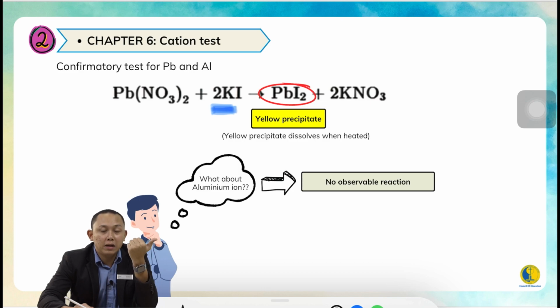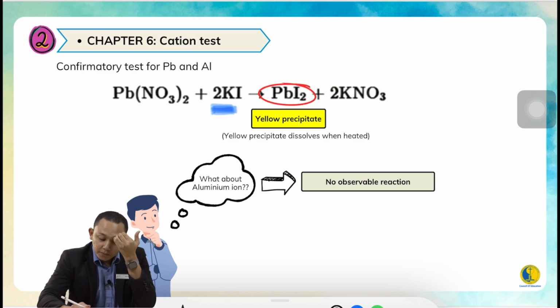If you see there is a clear solution, meaning you have a soluble salt, it might tell you that the unknown salt just now contain aluminium ions.